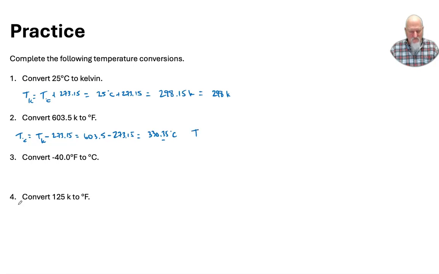So temperature in Fahrenheit is equal to 9/5 times my temperature in Celsius plus 32. So 9/5 times the temperature I've got, 330.35.